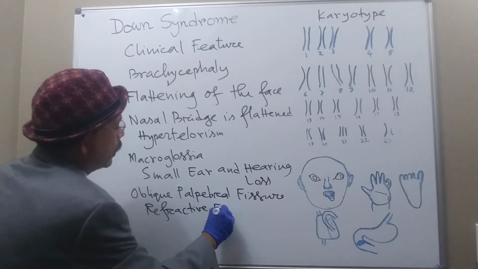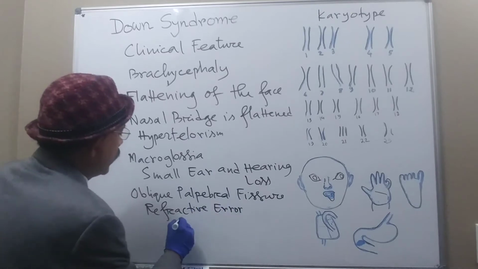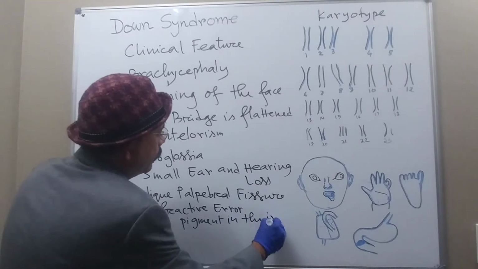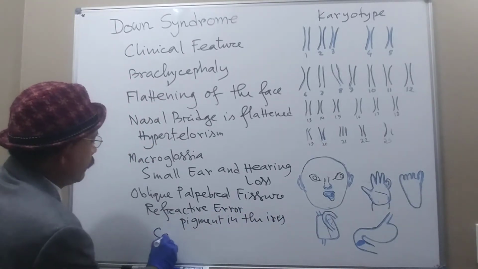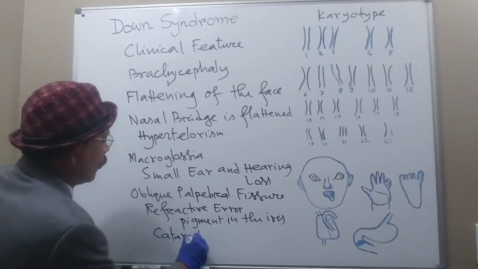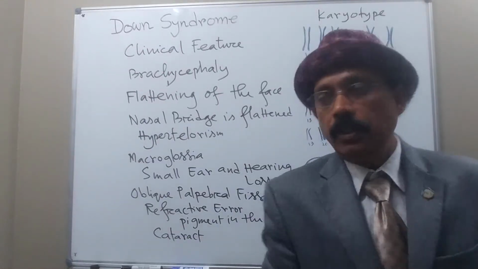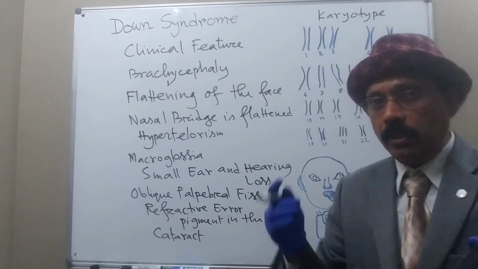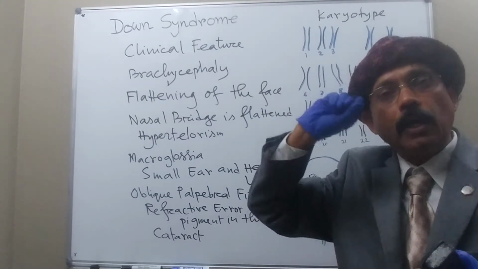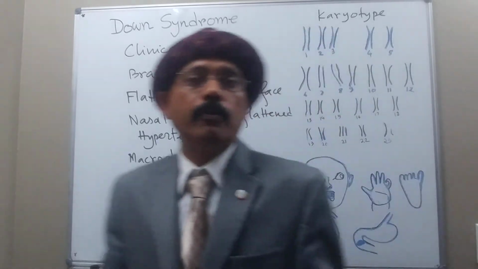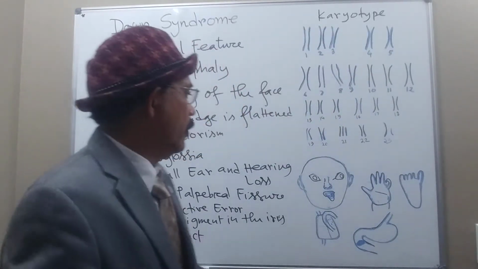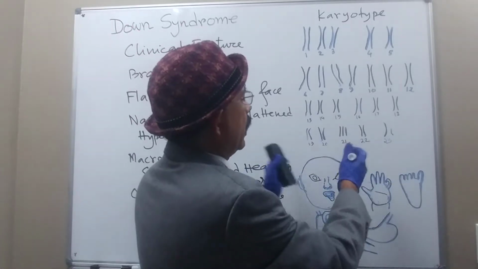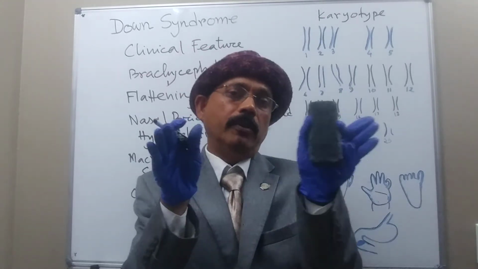Pigment in the iris. There may be cataract formation, that is the opacity of the lens. There may be hyperemia of the optic disc. There will be ectropion, the eyelid may be protruded outside. There may be blepharoconjunctivitis. So many problems in the eye, and there may be squint. The two eyes may not be aligned together. One eye may be a bit deviated.